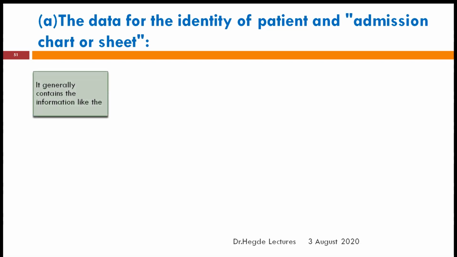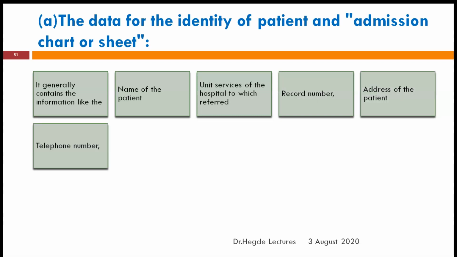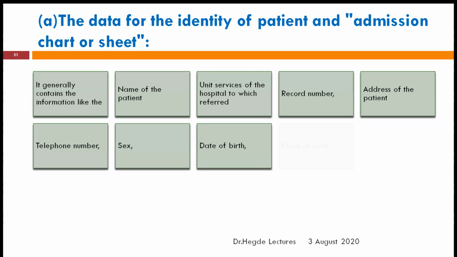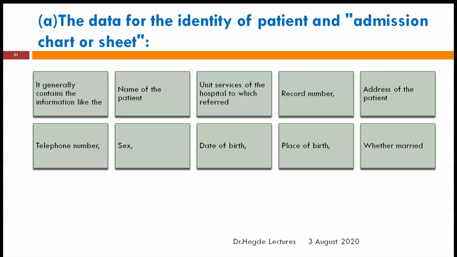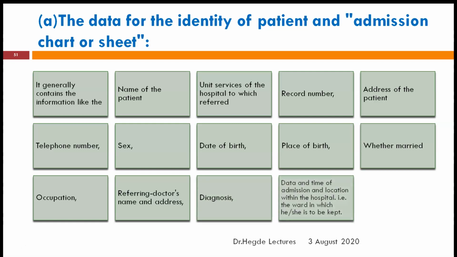It generally contains information like the name of the patient, unit services of the hospital to which he has been referred, record number, address of the patient, telephone number, sex, date of birth, place of birth, whether married or single, occupation, referring doctor's name and address, which diagnosis has been made, date and time of admission, and location within the hospital. So which ward he was staying in, in which ward he has been kept.